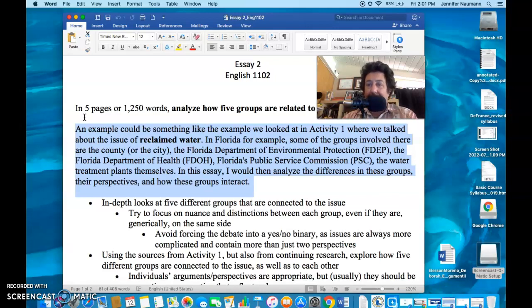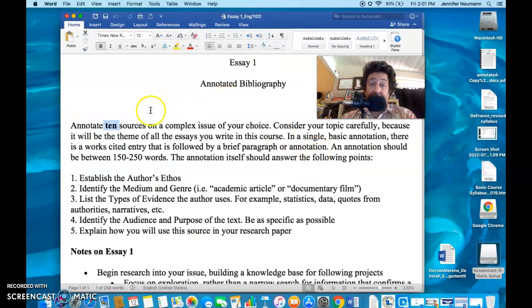It gives you some idea about some of the directions in which you might want to go. So with these 5 groups, you want to have information about them in your annotated bibliography here in essay 1. Ideally, that's going to help make things easier.